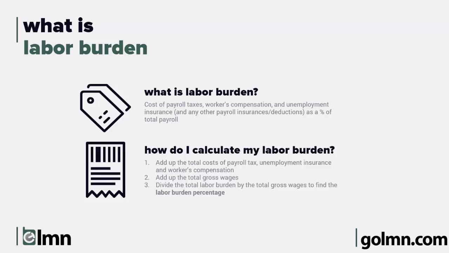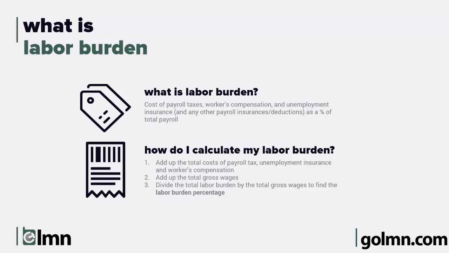So how do you figure out your labor burden? Well, very simply, start by adding up the total cost of your payroll tax, unemployment, workers' comp, and anything else like vacation pay or paid sick time or any other guaranteed payroll benefits employees may have. In the next step, add up the total gross wages.